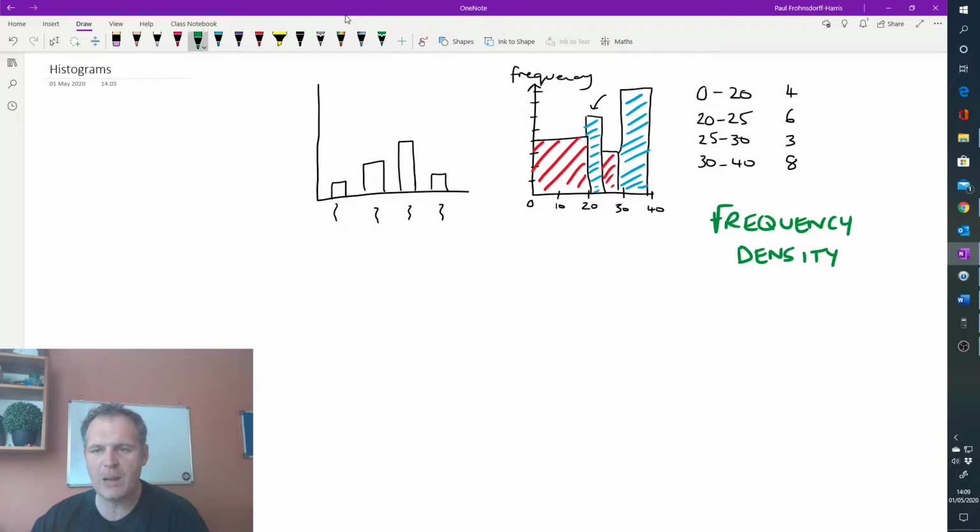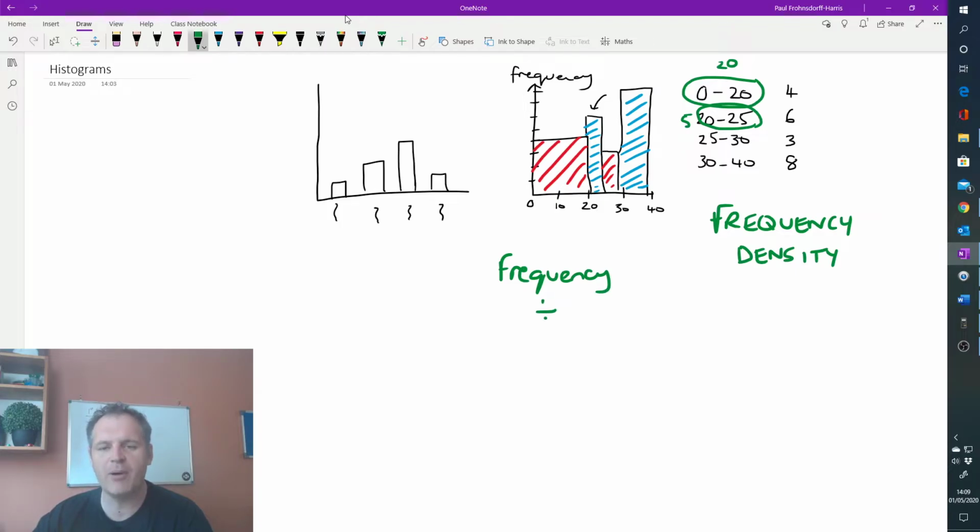But frequency density basically means what the total is between the space it was allotted. Because if it's a larger space, so you can see this space is 20 and this space is only 5, we call this the class width. 6 in a class width of 5 is much bigger than 4 in a class width of 20 because it's much more spread out. So what we do is we take our frequency and we divide it by the class interval or width. The space between 0 to 20 would be 20.